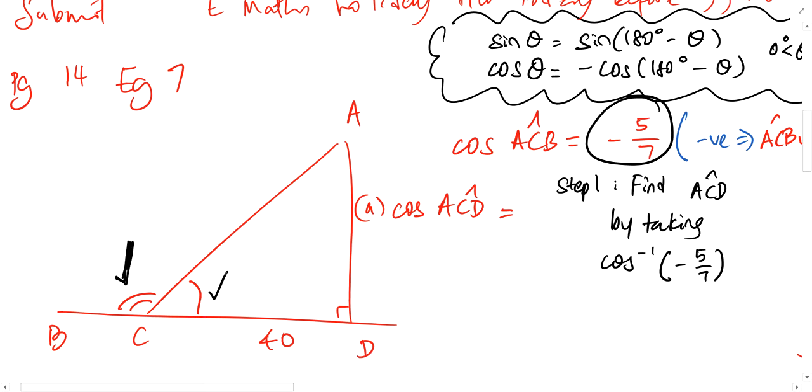Once I get this angle, I can use tangent to find AD. Then use Pythagoras to find AC. Then, to find cosine ACD, just take adjacent divided by the hypotenuse.